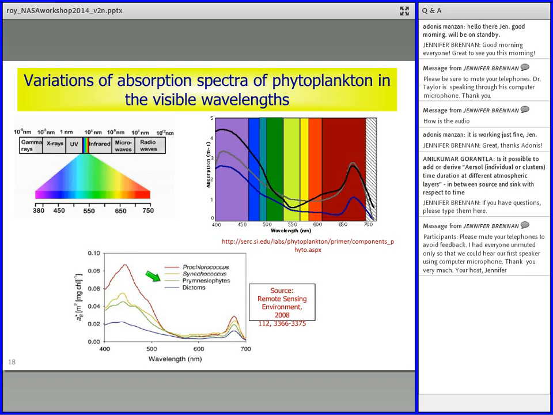So the spectra have implicit information about the taxa. Moreover, these spectra also have important information about the cell size. In particular, the peak at the red band here is very important because this peak has very explicit information about the size of the phytoplankton cell.